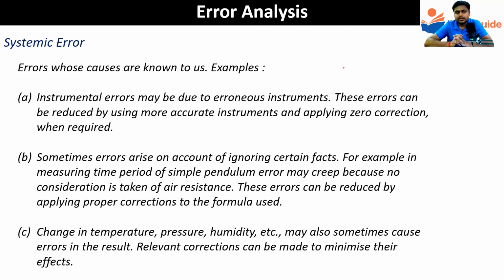These errors can be reduced by using more accurate instruments and applying zero corrections whenever required. Sometimes errors arise on account of ignoring certain facts. For example, in measuring the time period of a simple pendulum, error may creep in because no consideration is taken of air resistance. These errors can be reduced by applying proper corrections to the formulas used.